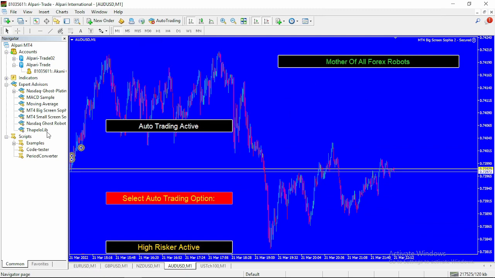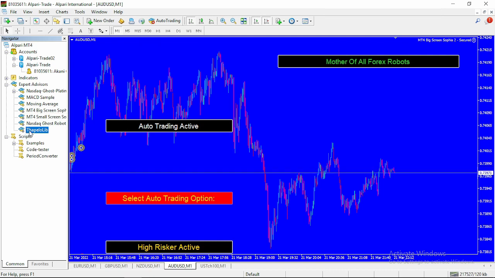Firstly, make sure you have this dependency. It's called THAPELOLIB. Make sure you have it in your experts directory, and make sure you don't have it in a subfolder, because I see many pictures and screencasts where you have it in a subfolder. It's not in any subfolder here.